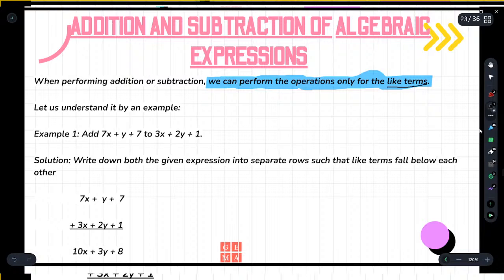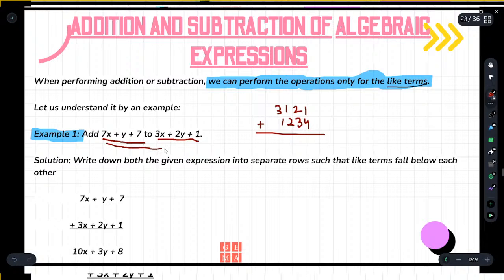Let's see this example first. Example number 1. Add 7x plus y plus 7 to 3x plus 2y plus 1. Just like you add numbers, we write them in a column form, right?